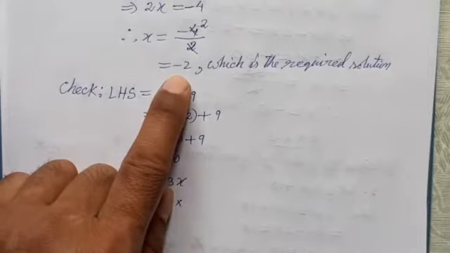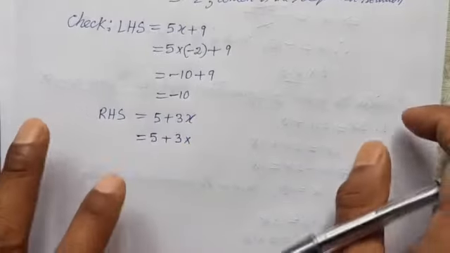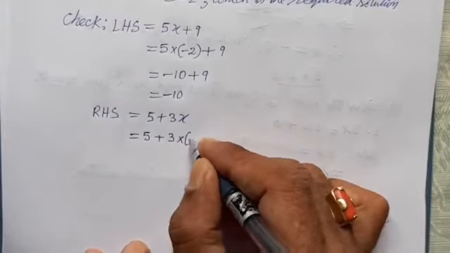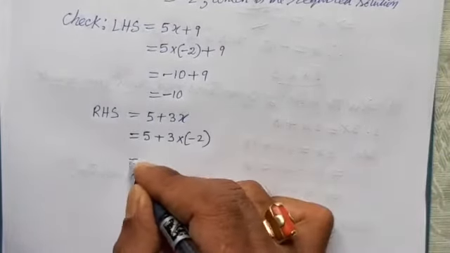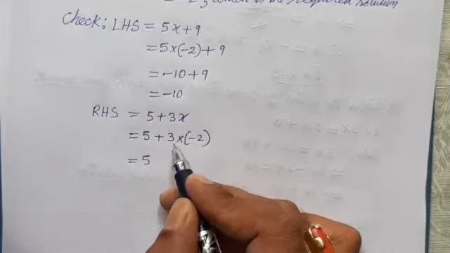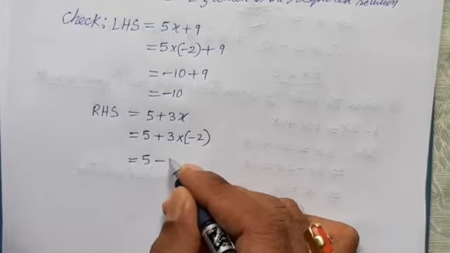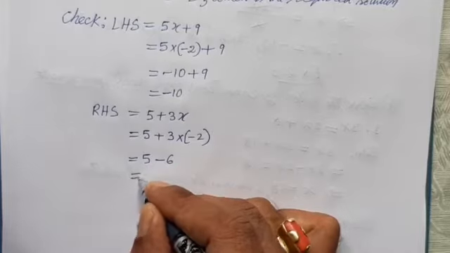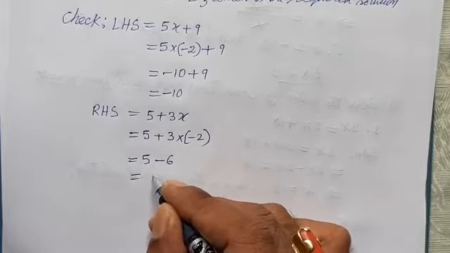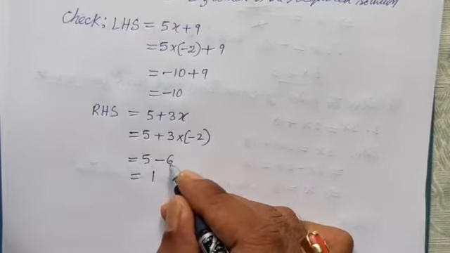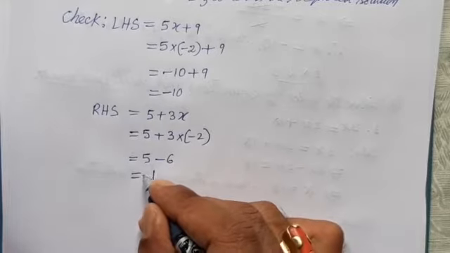This is the value of x, minus 2, so 3 into minus 2. 5, and 3 into minus 2 multiplied, plus into minus is minus, 3 twos are 6. 5 minus 6. If we subtract, we will get 1. Since 6 is bigger, keep the bigger sign, that is the minus sign.